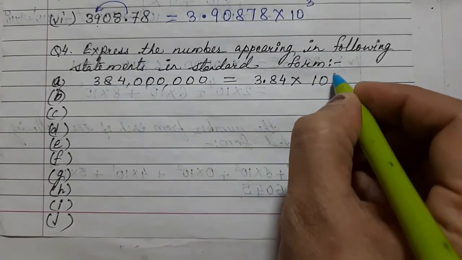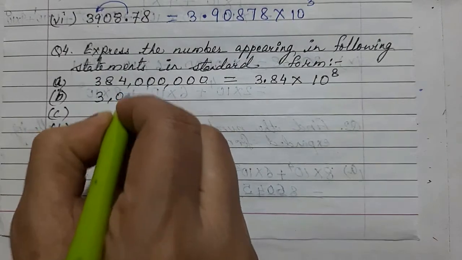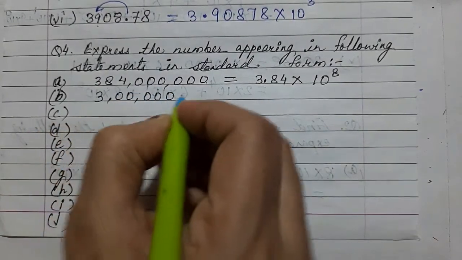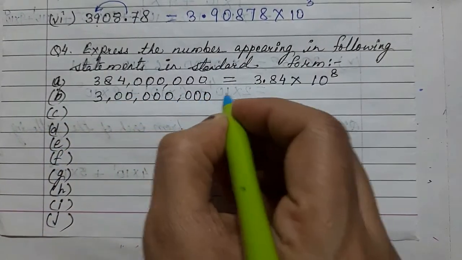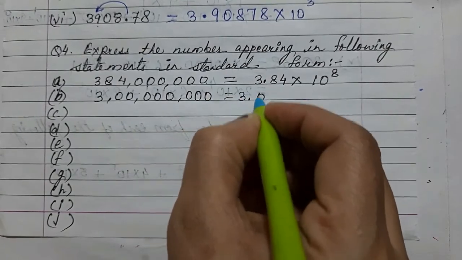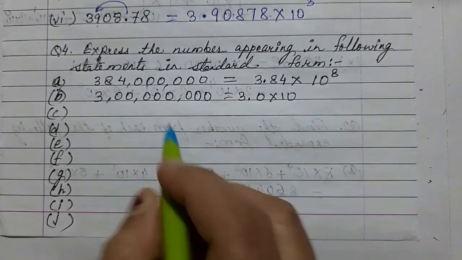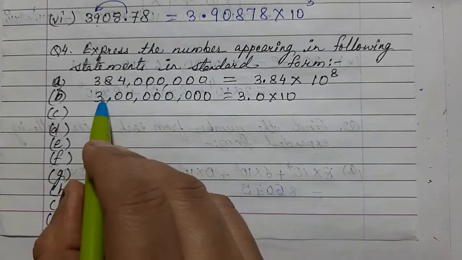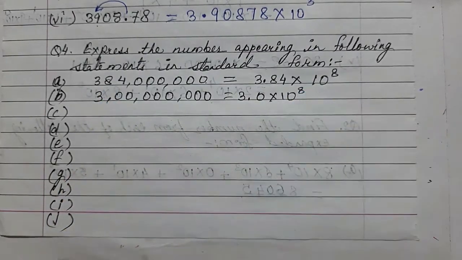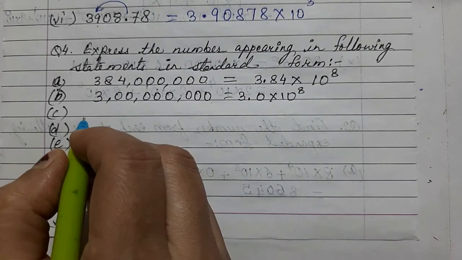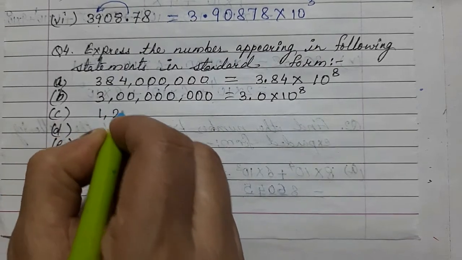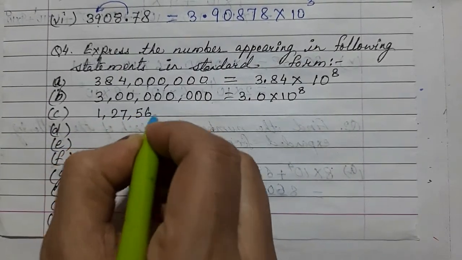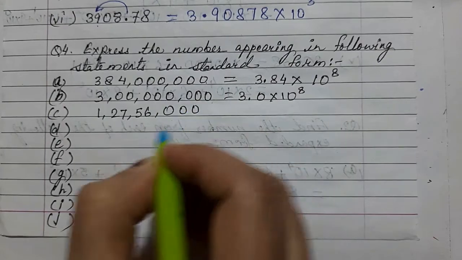So 10 to the power 8. So it will be 3.0, 10 to the power, how many places it is coming ahead? 8 places.